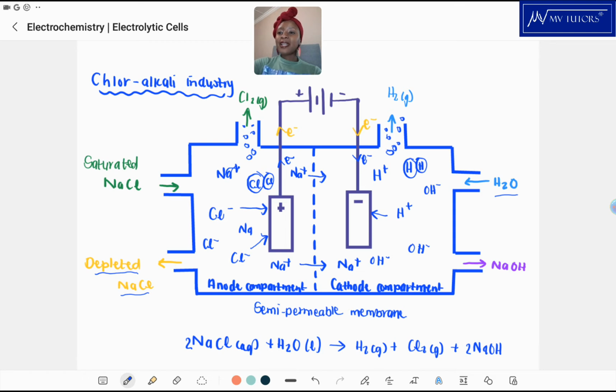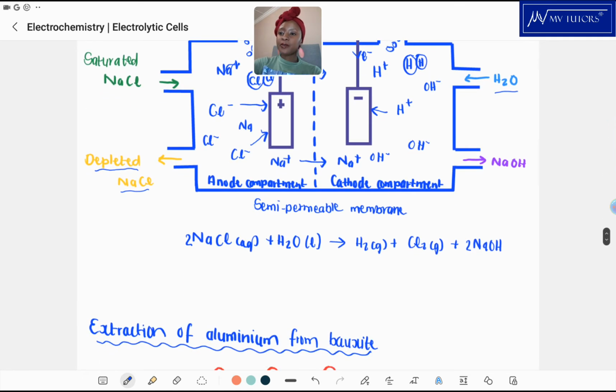But what actually happens there at the anode? Okay, we know that oxidation happens at the anode. So what did you have? You had your chlorine, okay? Let's actually go look for it in the table of standard reduction. You have your chloride being oxidized, right, losing its electrons and forming chlorine gas.